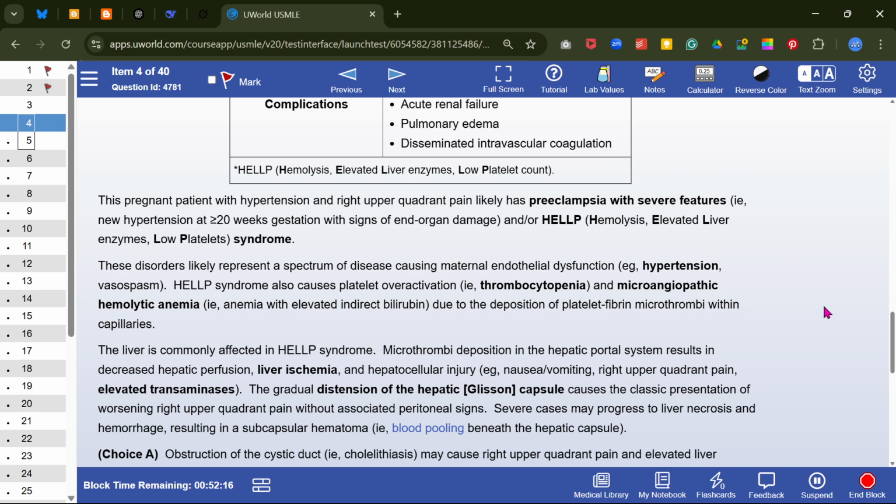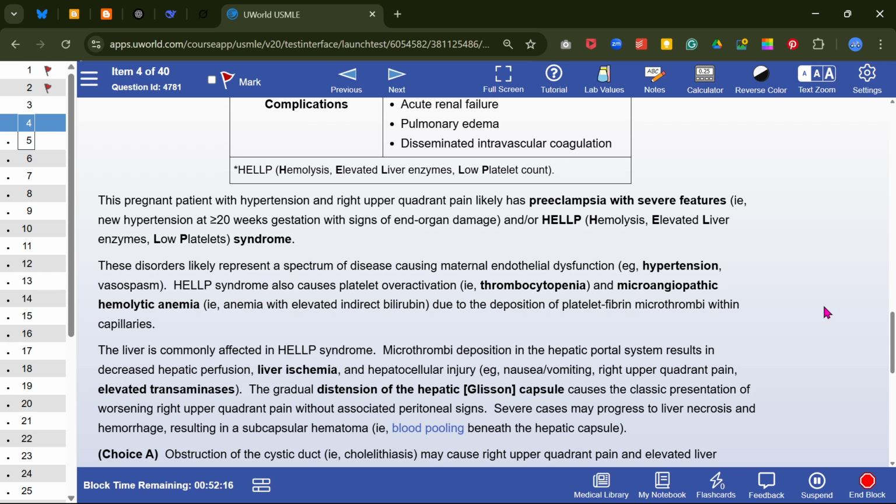decreased hepatic perfusion, liver ischemia, hepatocellular injury, nausea or vomiting, right upper quadrant pain, and elevated transaminase.